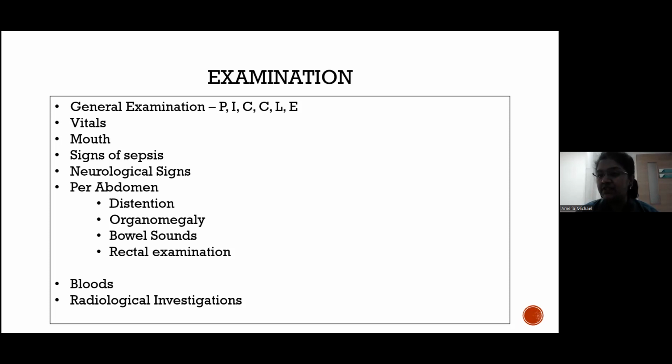If we haven't taken a proper history, it is not going to give us much clarity, so whatever the options of management may be, they do not guide us. Always remember, your general examination can give you loads of information about a patient.